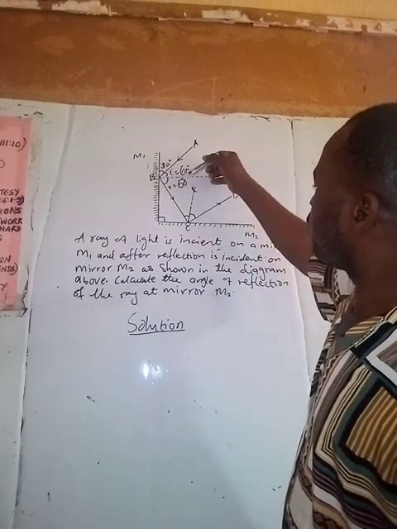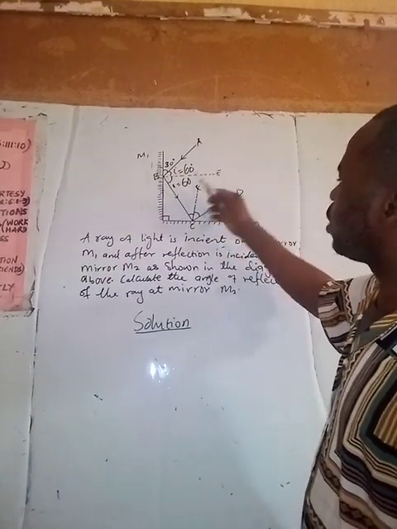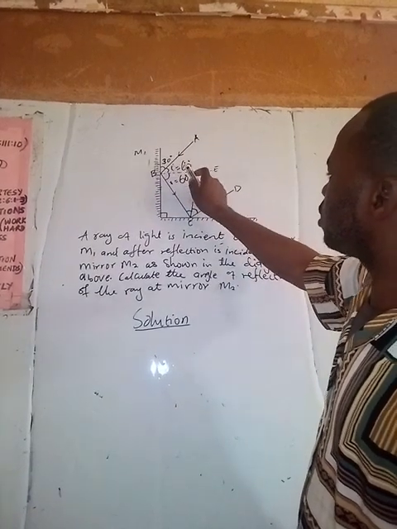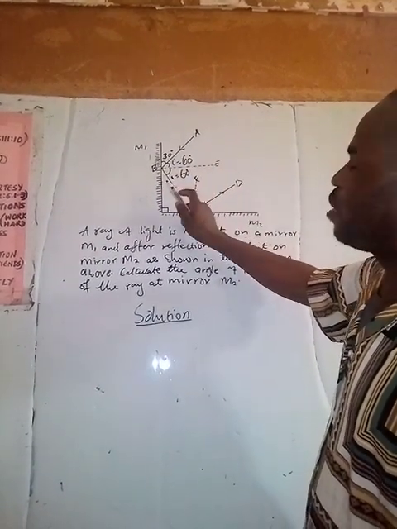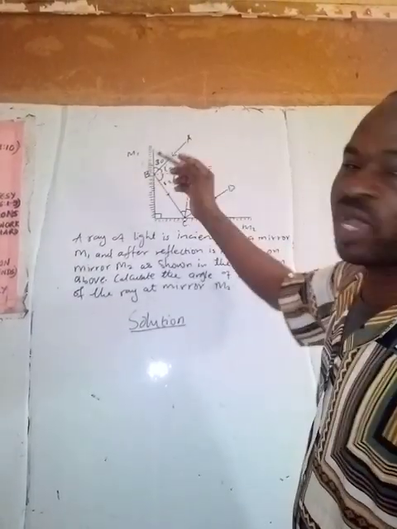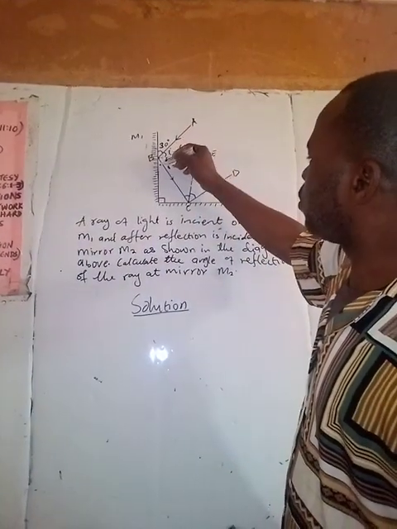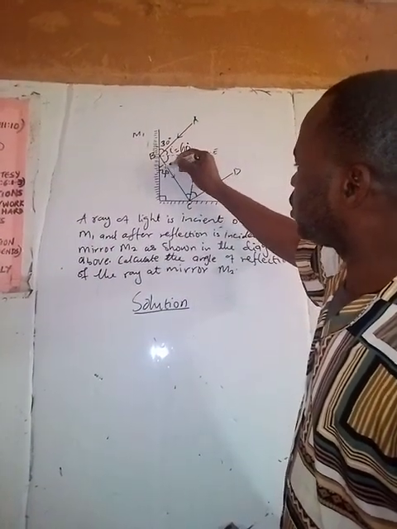In our normal mathematics, we know that if this angle here is 30, 60, and 60, this one is going to be 30 to complete 180, because the sum of angles on a straight line is equal to 180 degrees. So this particular angle is 30 degrees.